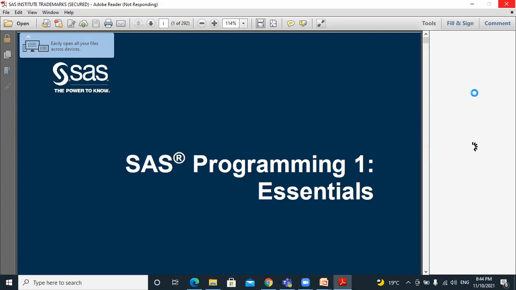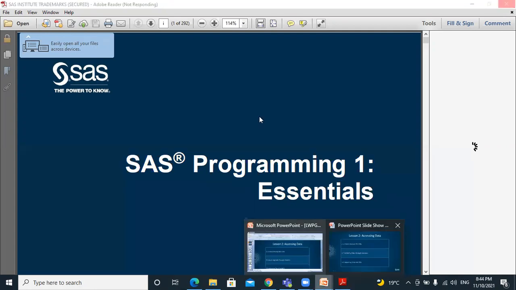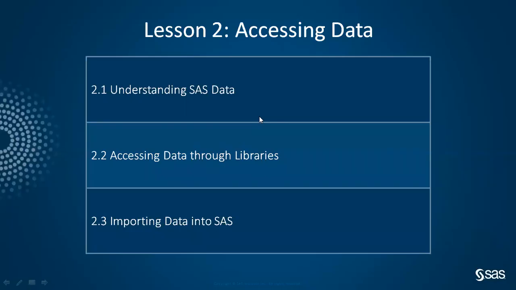We start by accessing data first, then once the data is in the SAS environment, we see how to create new data from it, then how to create reports and new data files, and then how to export the data and reports.